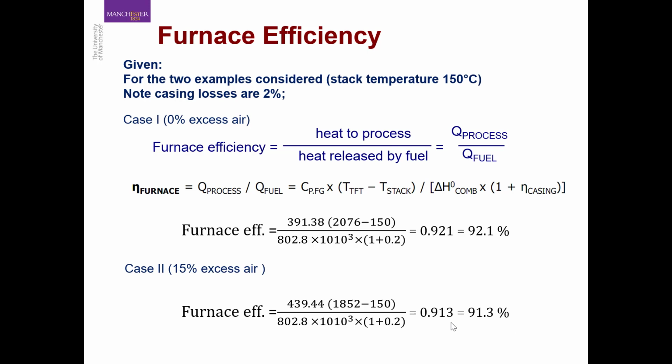So by providing excess air, we ensure that we have complete combustion, but at the same time we have some reduction in the efficiency of the furnace as well. Okay, so we have to consider what is an optimum value of excess air that we need to provide for our furnace.